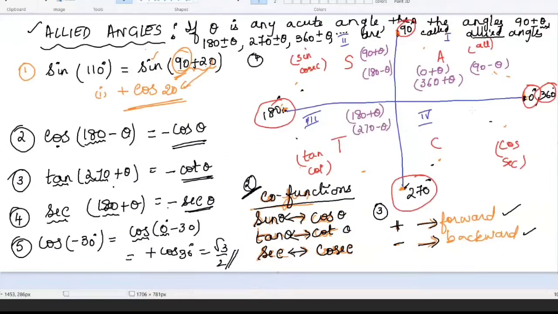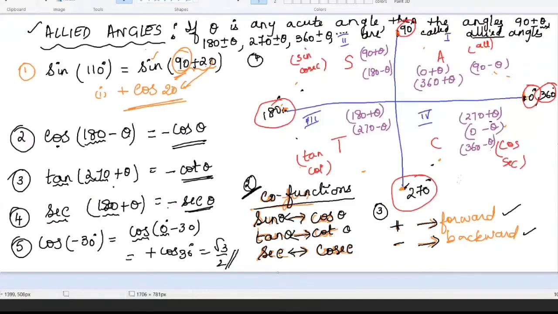This will become easy for you to remember once you get a grip over these allied angles. Fourth quadrant: 270 plus theta, or 0 minus theta, or 360 minus theta.